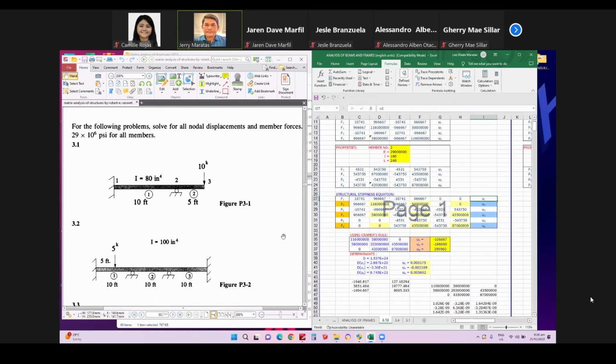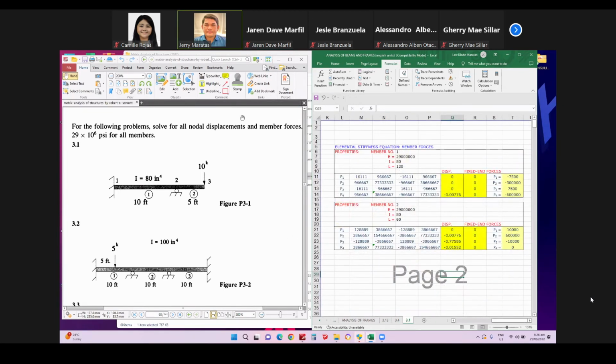For example, in 3.1, U1 is 0 because there is no displacement at the support. U2 is also 0 because it does not rotate, that's a fixed end. U3 is also 0, no vertical translation because it is fixed.